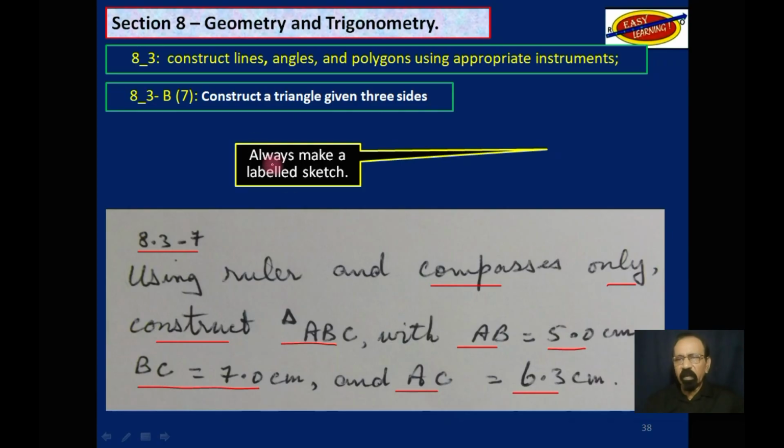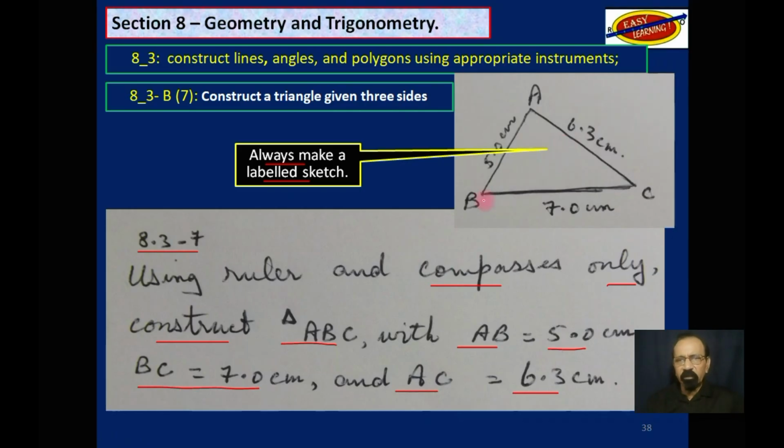Well, the first thing we will do, as always, is make a labeled sketch, which will look like this. We take the longest side and let that be the base, and the longest side here is BC. So we draw a line like this, and we call it BC, and we label it 7 centimeters.